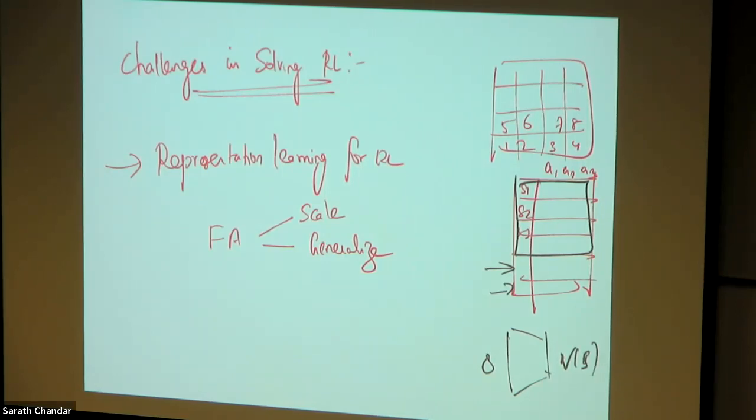You can train this neural network with a bunch of states, or you can feed in a totally new state which you have never seen before. This is going to give you some estimate for the value of the state. Okay, it might not be the best estimate, but it is going to give you some estimate, right? In some sense, you can easily generalize if you are using function approximation.